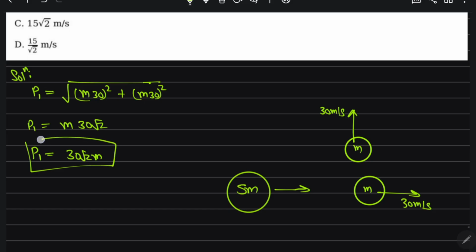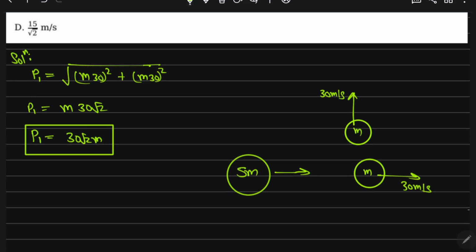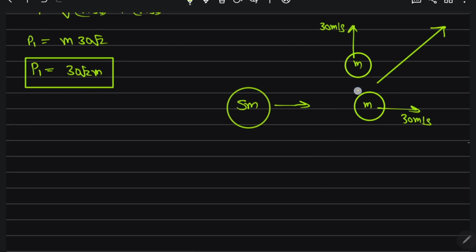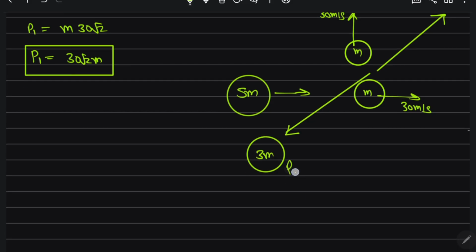This is the resultant momentum. The heavier block definitely moves opposite to it, because net momentum is conserved only when this heavier 3m block moves just opposite to it. This I say is P2.